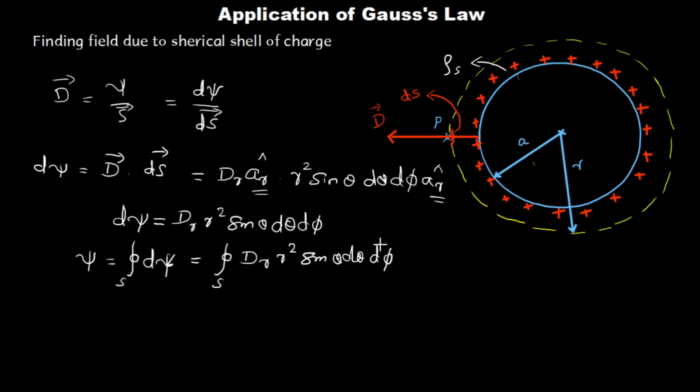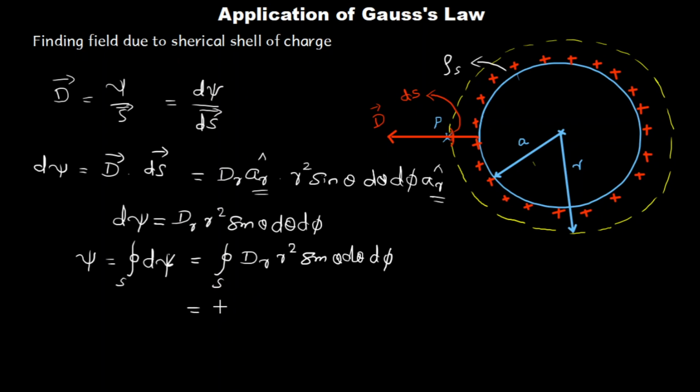So I will approach with universal limits to find my psi, because I need to calculate psi throughout the surface of the sphere. So I have to use the universal limits of the spherical coordinate system to find my total psi.